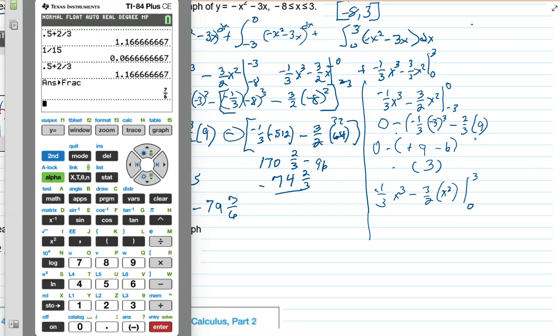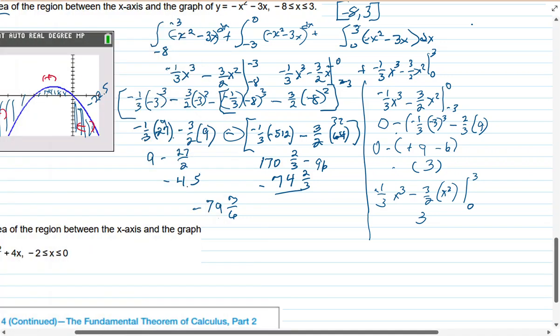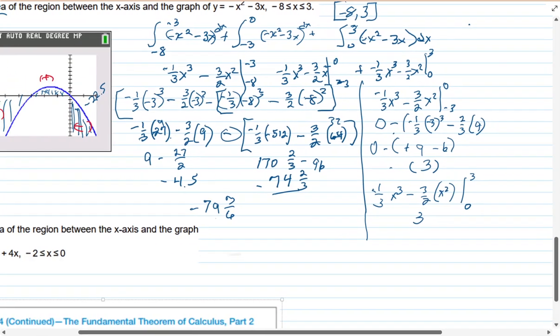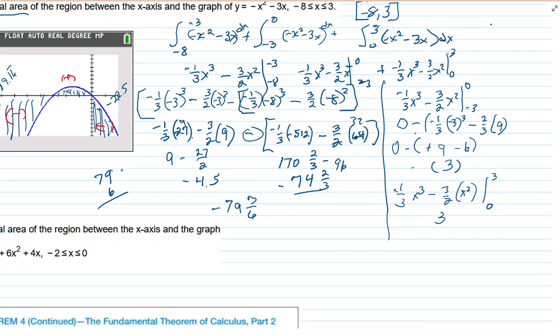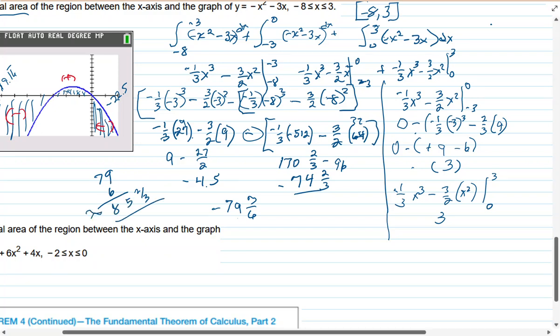And this is 9, yes, yes. So we're going to get the same answer. It doesn't matter because we're doing only the positives. So we had the 79 and the 6 for these two, and we had a 2/3. Approximately, this is the area.